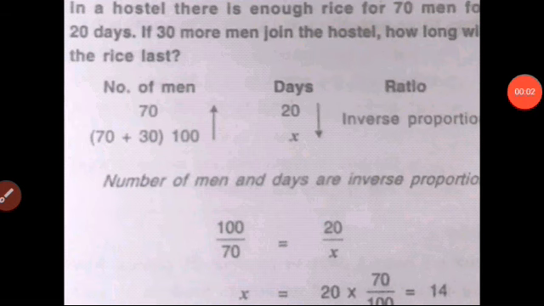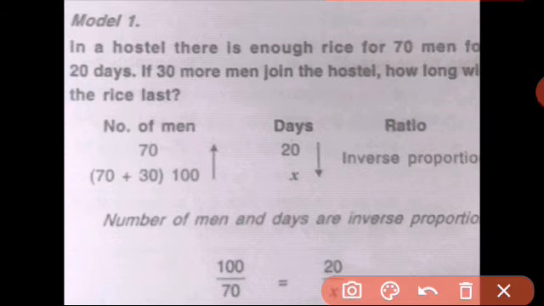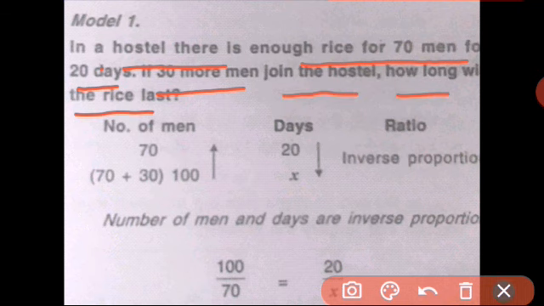I will explain a simple problem regarding this inverse proportion. In a hostel, there is enough rice for 70 men for 20 days. If 30 more men join the hostel, how long will the rice last? So for 70 men, it will be enough for 20 days.